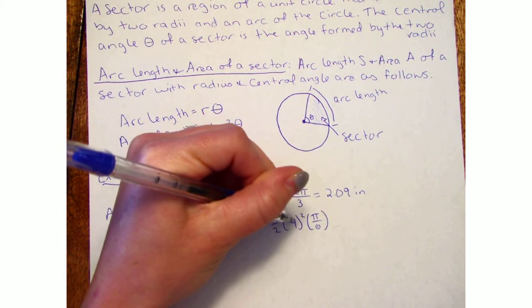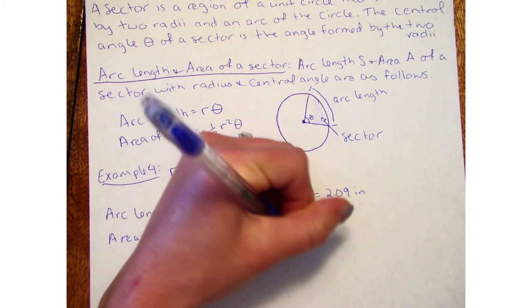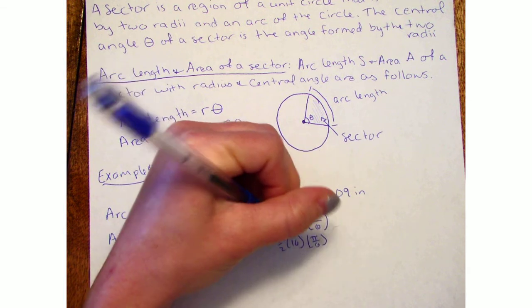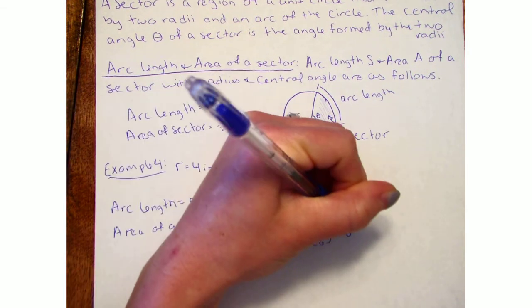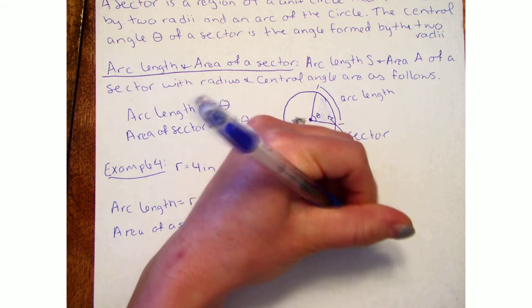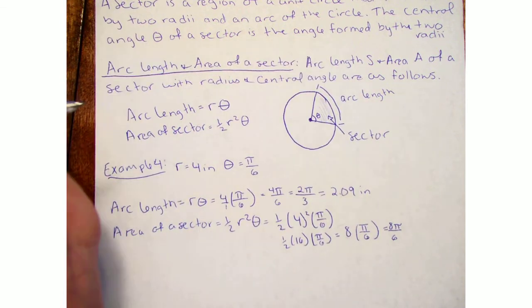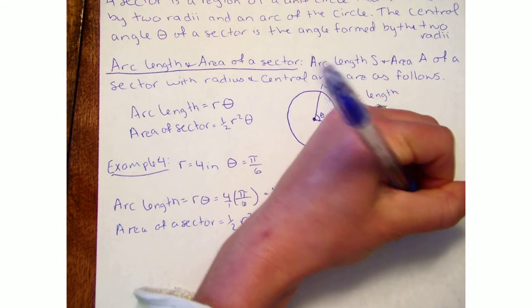So 1/2 times 4 squared would be 1/2 times 16 times pi over 6. And we know 1/2 times 16 is 8. So it'd be 8 times pi over 6, which is 8 pi over 6. And again, that can reduce to 4 pi over 3.